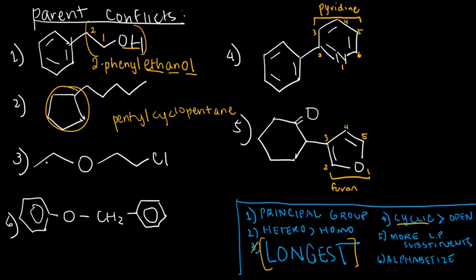In number 3, this is even more confusing than 1 and 2 because my 2 candidates for parent, look at this. This is ethane, and then this is, well, also ethane. So this is confusing because you have 2 candidates that are exactly the same.